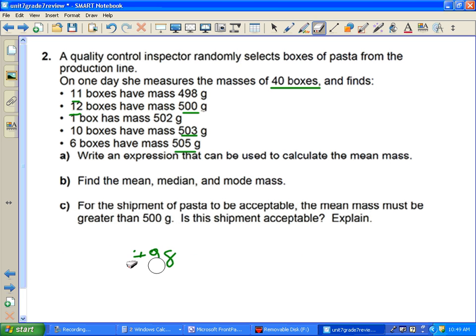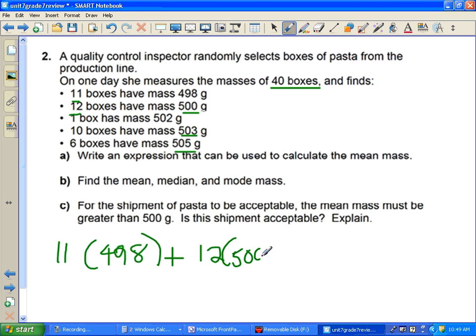Or I could write out 498, put it in brackets, and go 11 times. So I'll put 11 outside it. Then I'm going to add that to 12 boxes of 500 grams each. So 12 times 500. And then one box of 502, plus 10 boxes of, so that would be 10 times 503.